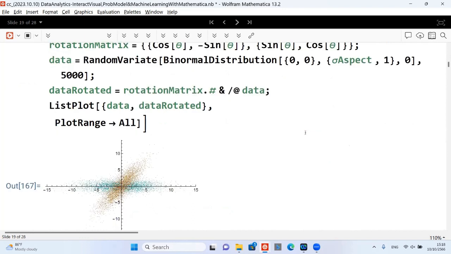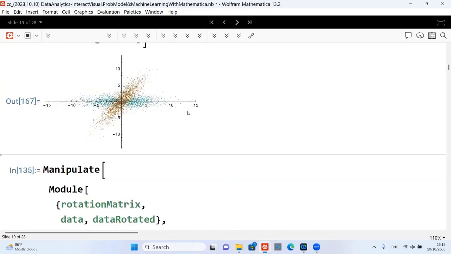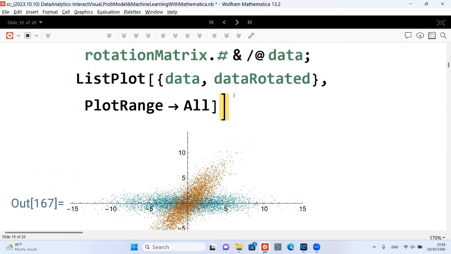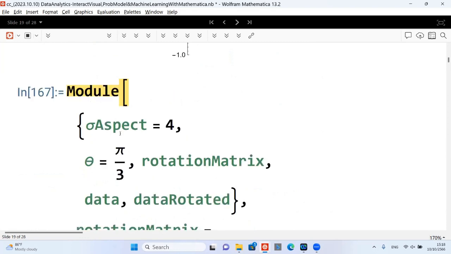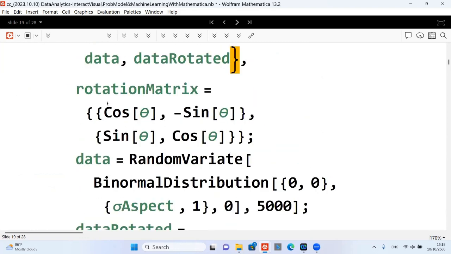Instead of having it independent, I can have it rotate. So there's this guy. See that? So this is the first one. But now I rotate like this, using an angle theta. This is my angle. The angle is pi over 3. So I rotate it like this using this rotation matrix.